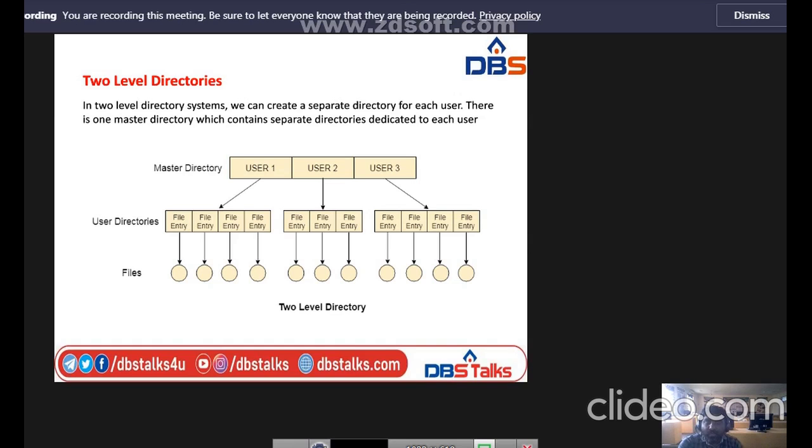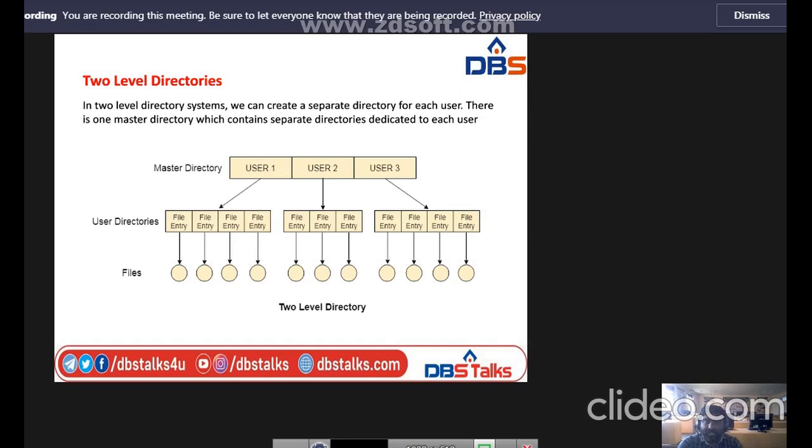There is one master directory which contains separate directories dedicated to each user. So here we have the master directory, user 1, user 2, user 3. For each user, there is a different directory present at the second level.